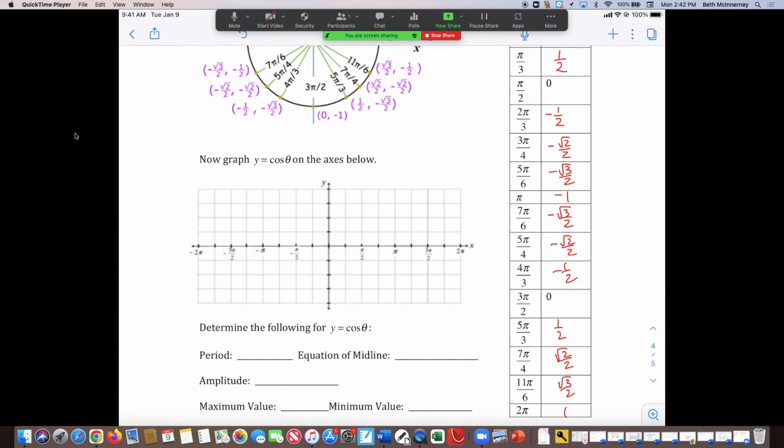All right, so then what we want is the 5 main points for cosine. And the 5 main points are the quadrantal values, in case you're wondering where those numbers were coming from. The 5 main points are the quadrantals: 0, pi over 2, pi, 3 pi over 2, and 2 pi.